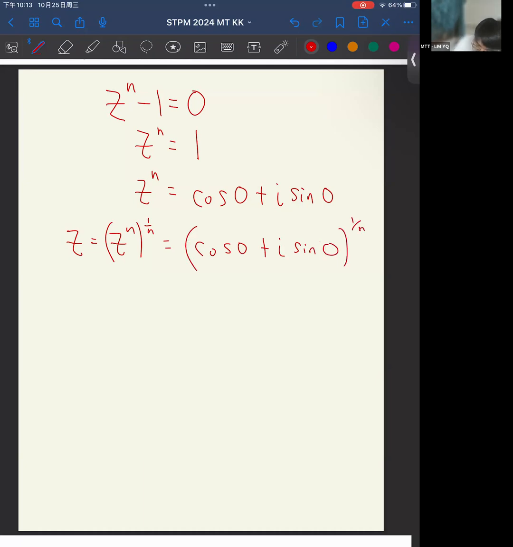But this is general. Your exam will be specific, like fourth root. Now, still remember using De Moivre's theorem, what you can have here will become cos of 0 plus 2k pi, multiplied by 1 over n, correct?